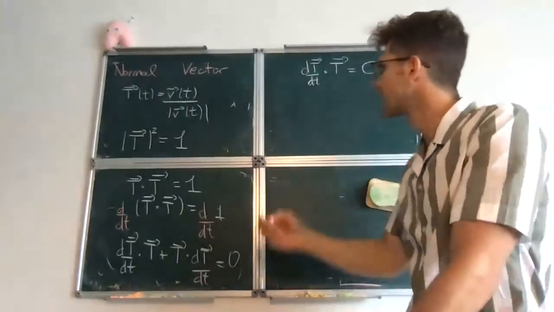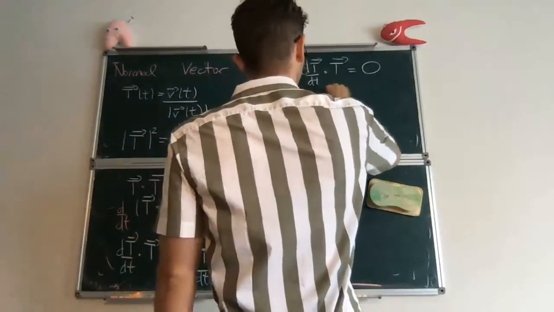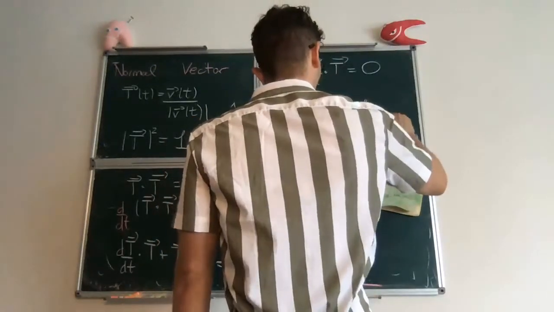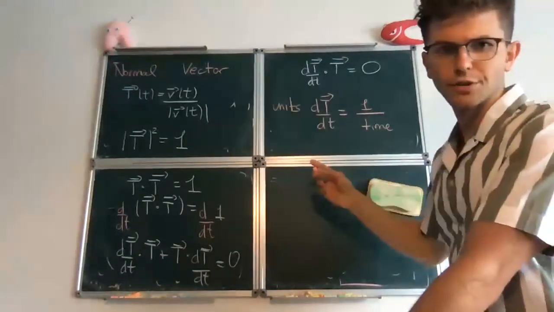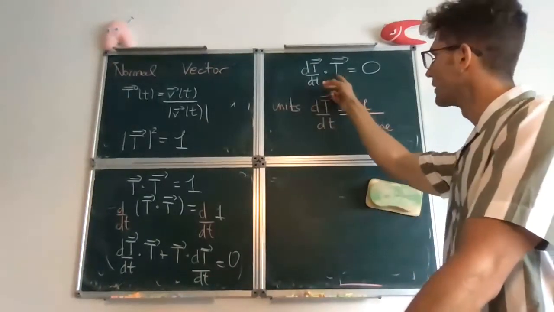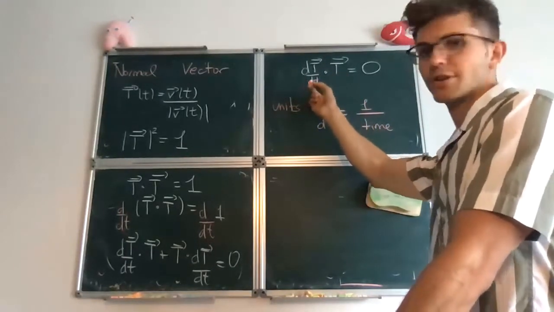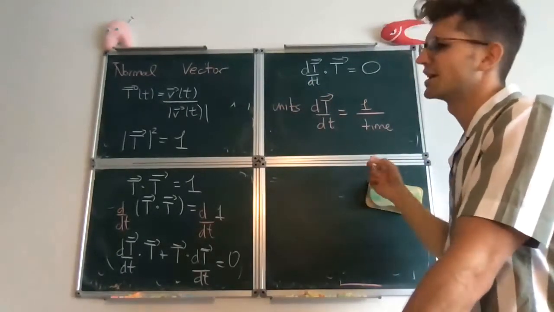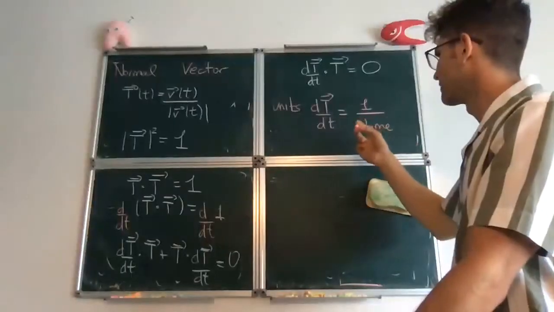Another issue is that the units of this vector are 1 over time, or 1 over seconds, which is like hertz or frequency, just because t was without units, and when you take a derivative, you're sort of getting the units of the denominator, and so the denominator has units of time in quotes. It's not really like a denominator, but at least for unit purposes, it works like that. So this has units of 1 over t.